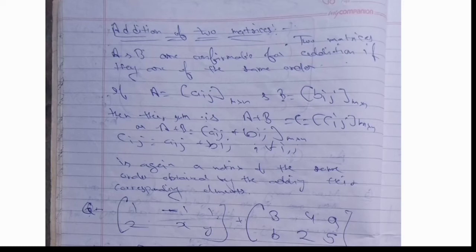From this we can see Cij is equal to Aij plus Bij for all i and j. It is again a matrix of the same order, obtained by adding their corresponding elements.